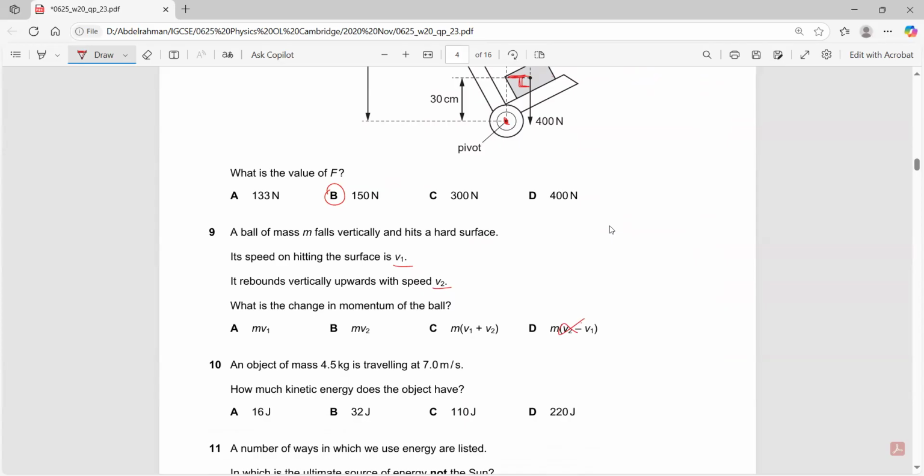One of these has to be positive. Okay, so if you say, for example, V1 is positive, then the other one has to be negative. So instead of saying MV minus MU, it would be MV minus MU, or plus MU. So it's C.